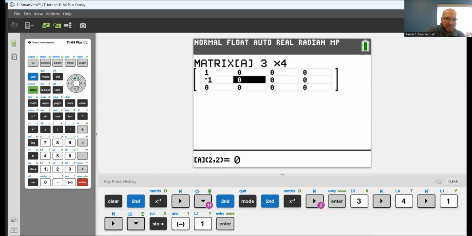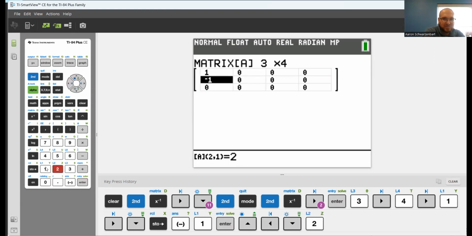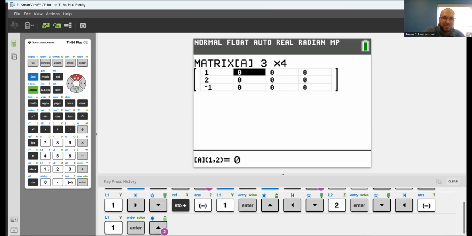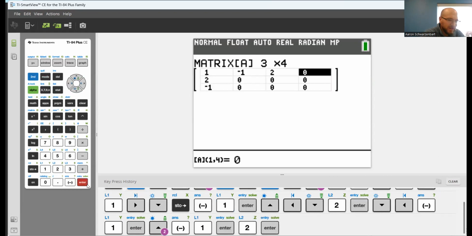Nope, I did that wrong. I guess enter takes me over. It might be faster to just hit enter. If I hit enter, I go across, and then I probably have to use a little less arrows.